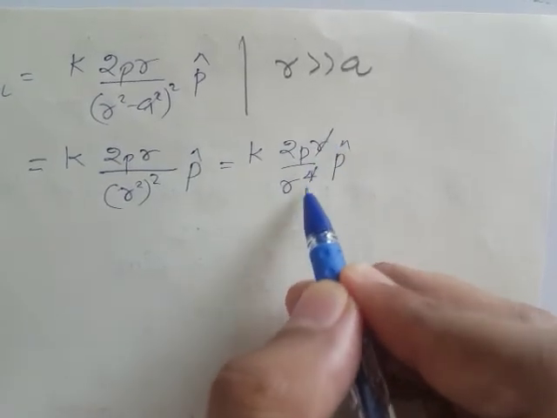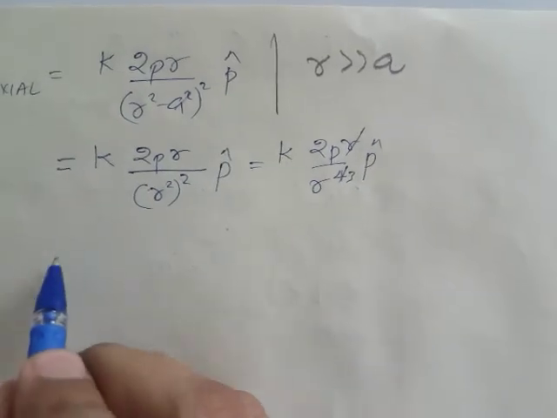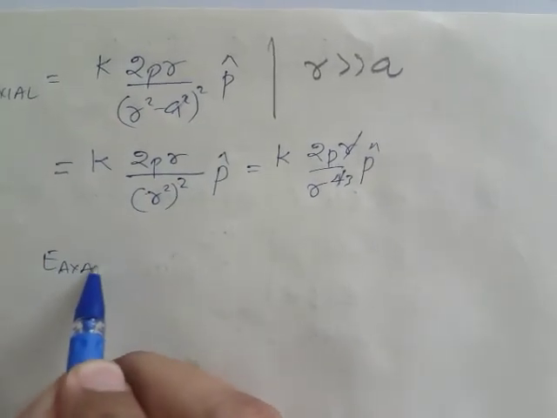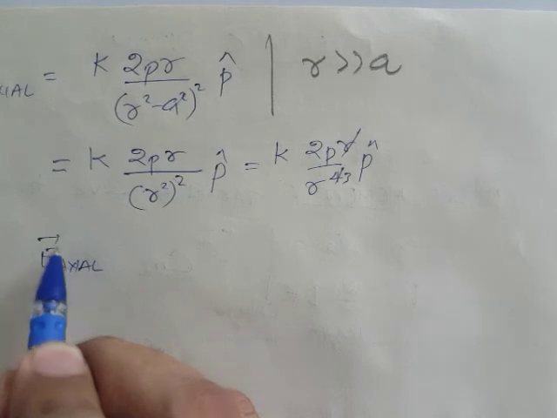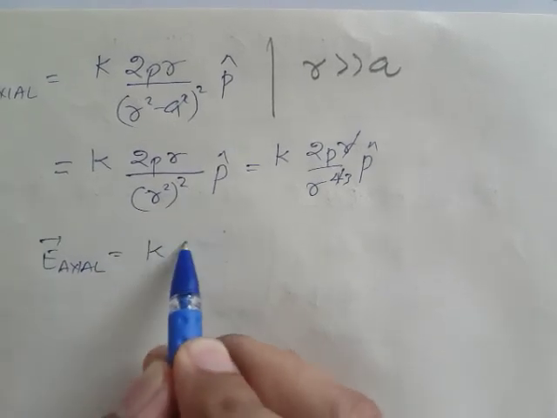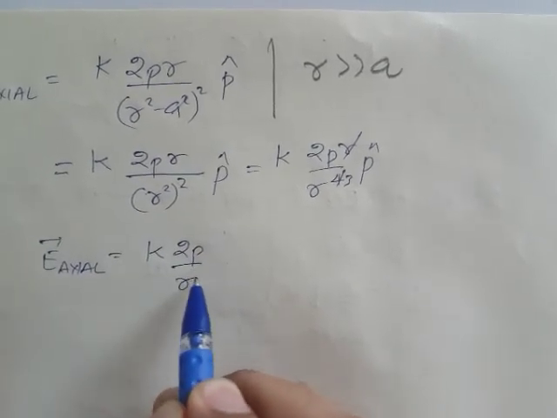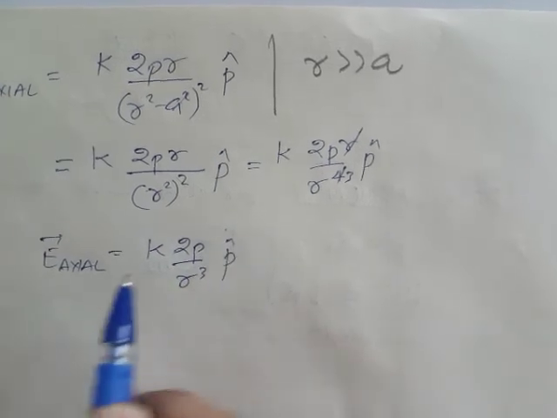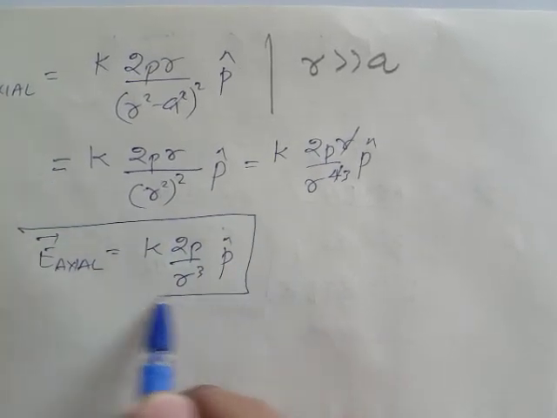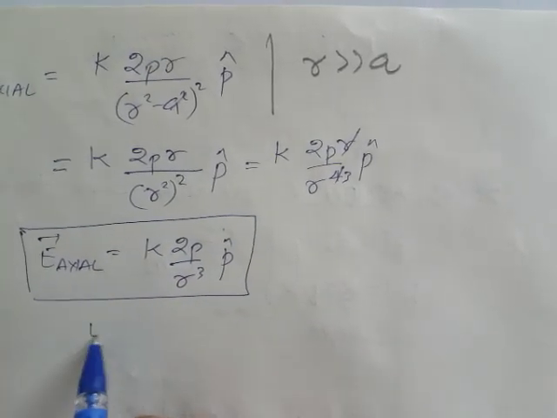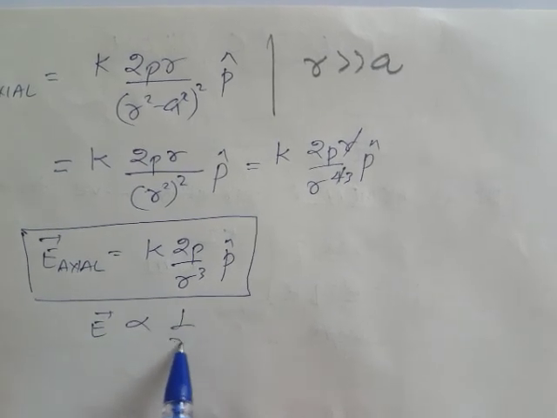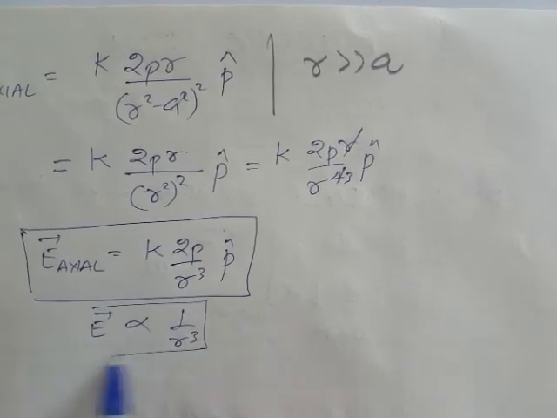This r can be cancelled out, it would be 3. So E axial equals k 2p upon r cube. If somebody asks you, then E is proportional to 1 by r cube in the axial case.